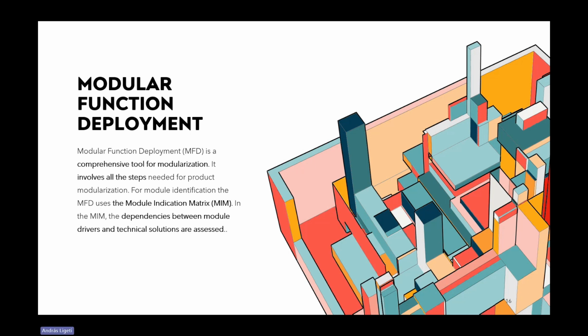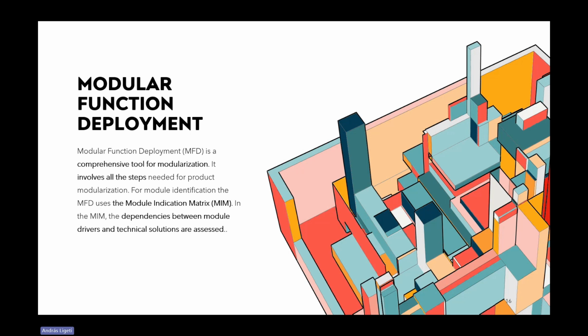So the third tool is modular function deployment. The modular function deployment is, again, a little bit more business oriented compared to the previous ones, which were more technically oriented. It basically includes all the steps that you need to take for modularization.